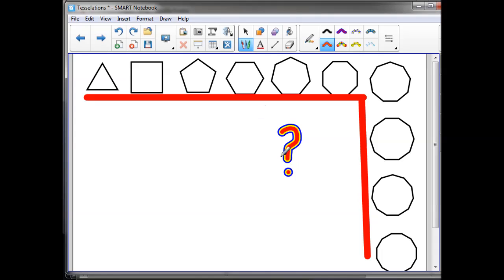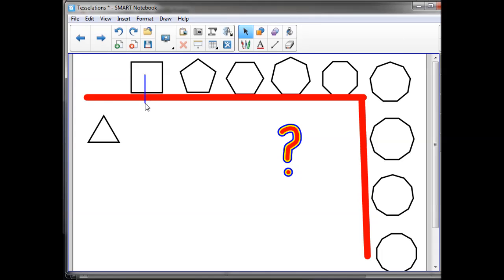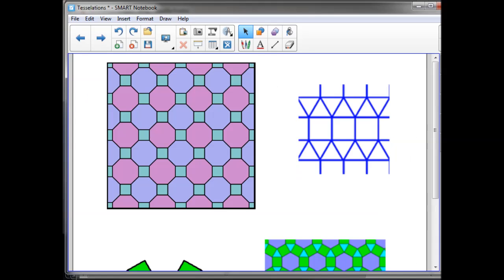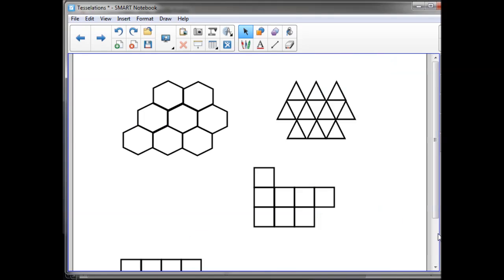The only ones that will do that are this guy, and this guy, because of the way their interior angles come together. None of these other ones will tessellate by themselves. So again, you can mix and match, and that's a lot of fun, make some great artwork, but it's because of the way that these interior angles join together to make 360 that makes them so special.